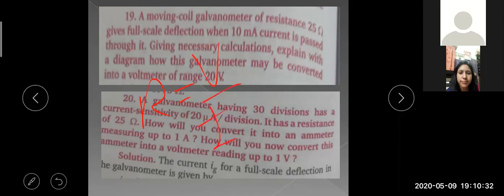So R is the resistance to be connected in series with this galvanometer of range 1 ampere in order to convert it into a voltmeter. In conversion into a voltmeter, we know the resistance is given by R equal to V upon Ig minus G. So on putting the values of V, Ig and G, you will get the answer.